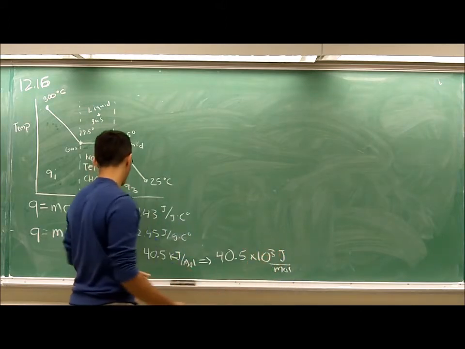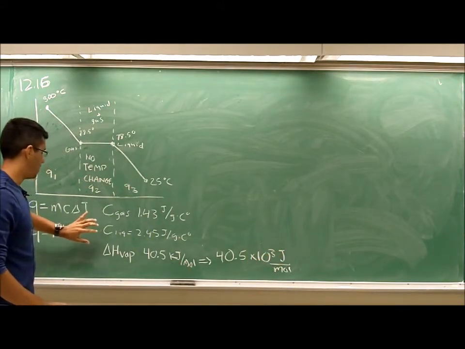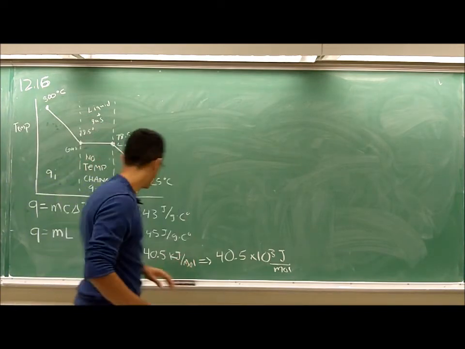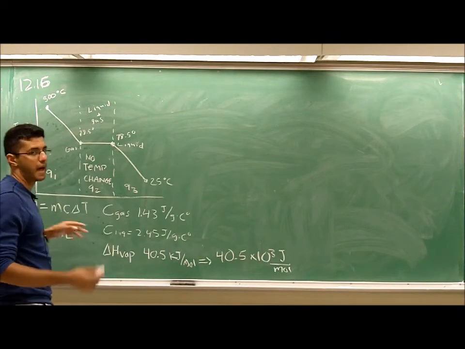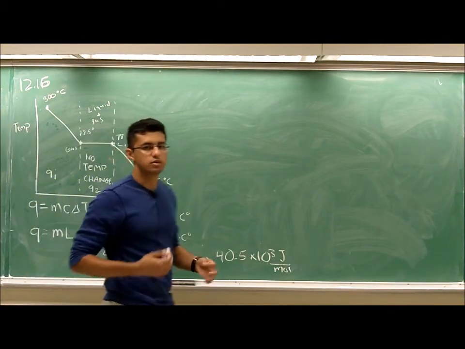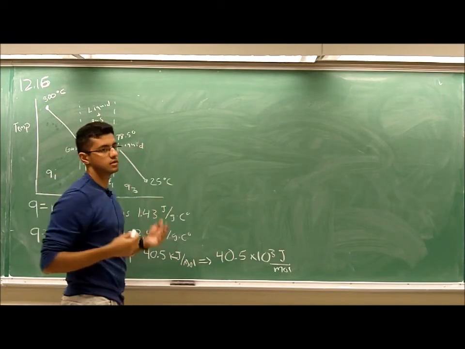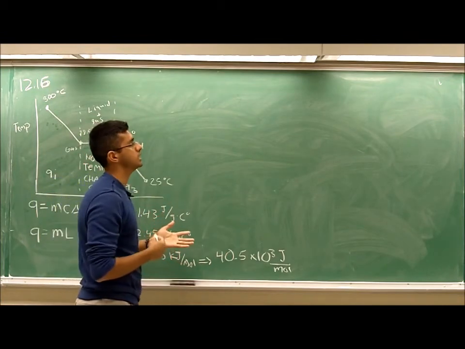Okay, now that we have all the values given, we have to find some stuff. For this equation, we need mass. We're given moles of ethanol, so you know how to convert moles to grams using the molar mass.